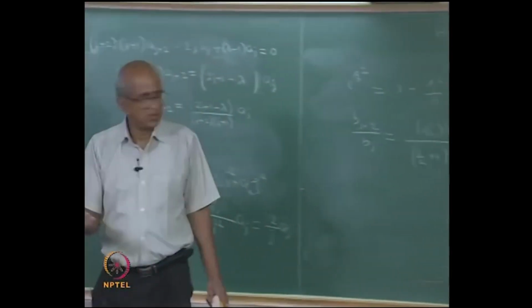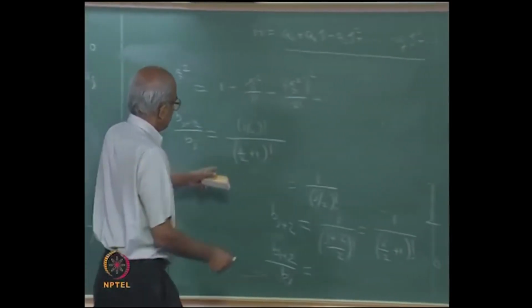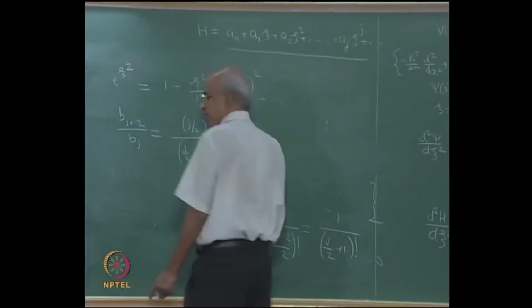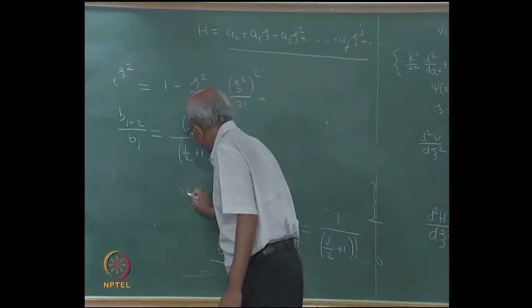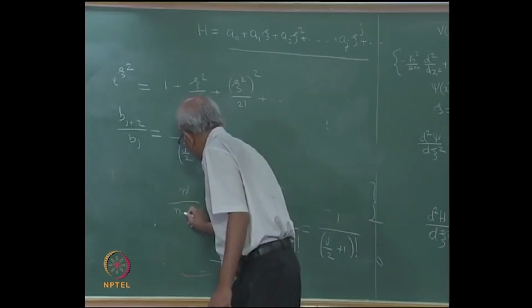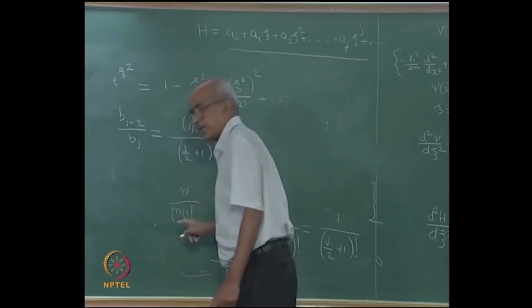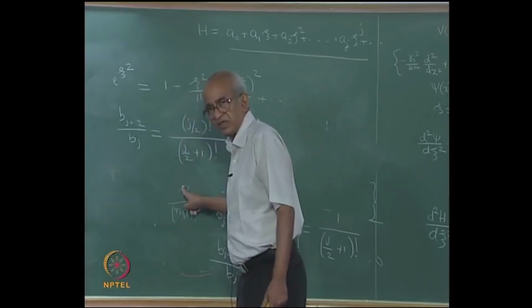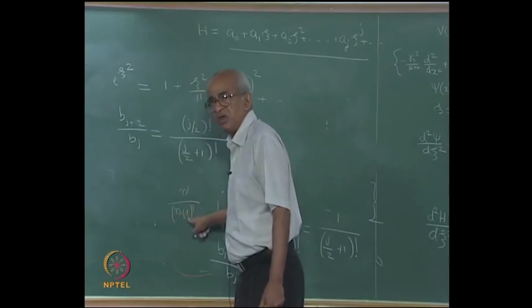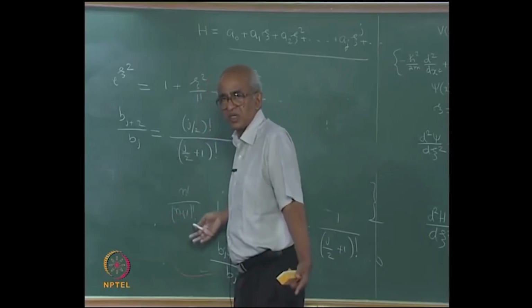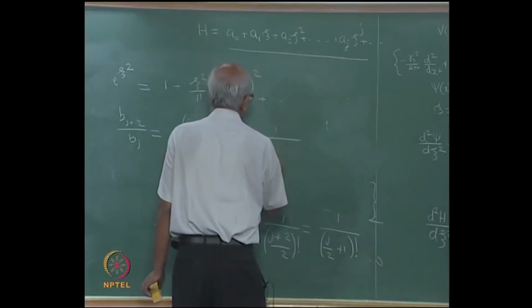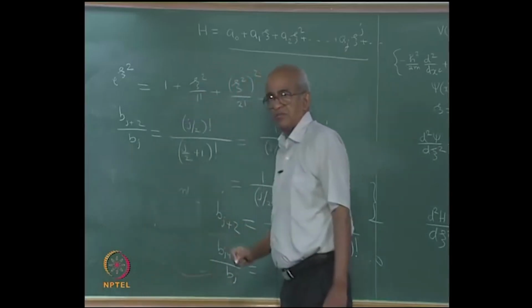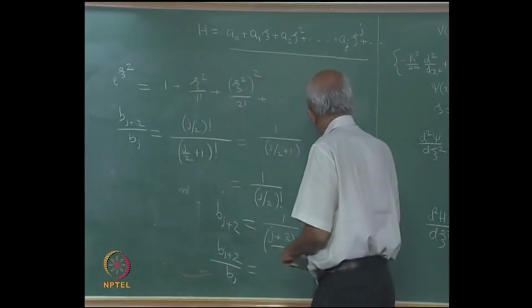That is all. And this is very easy to simplify. It is of the form some number n factorial divided by n plus 1 factorial, well, the answer is 1 by n plus 1. So, therefore, this will just become 1 by j by 2 plus 1. That is all, very, very simple.